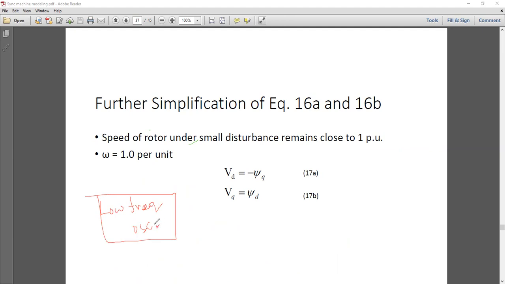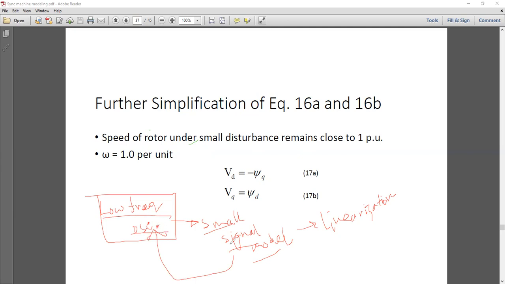The result for the low frequency oscillation can be achieved only after we develop a small signal model through linearization. We'll take it later on. Because we will be studying the small signal model in detail, it will help us study this low frequency oscillation problem.